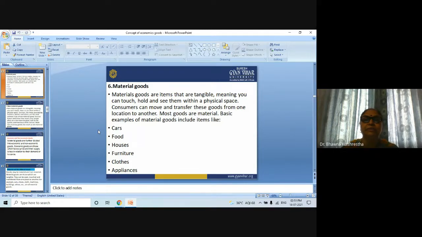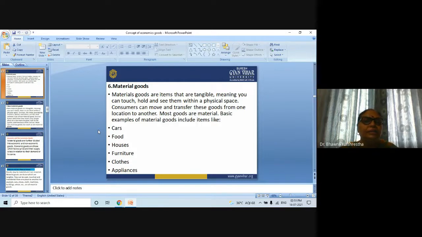Basic examples of material goods include items like cars, food, houses, furniture, clothes, appliances, different types of appliances.